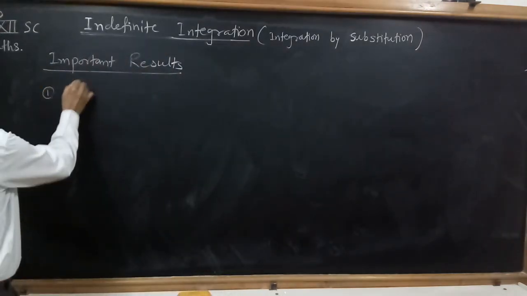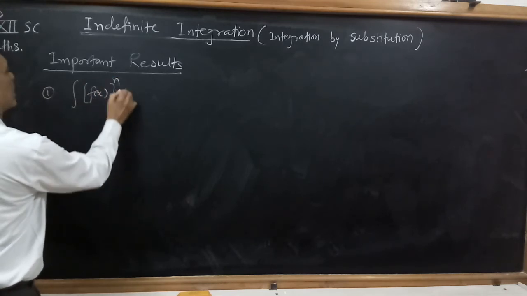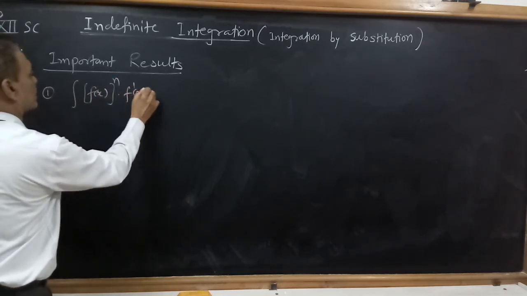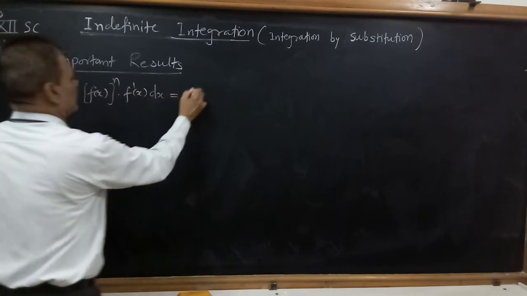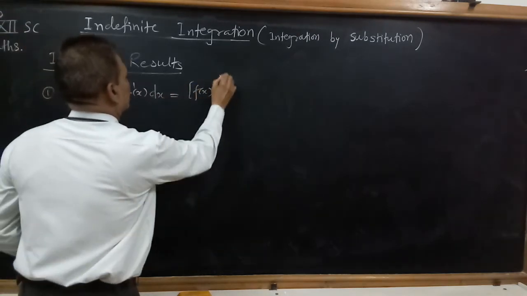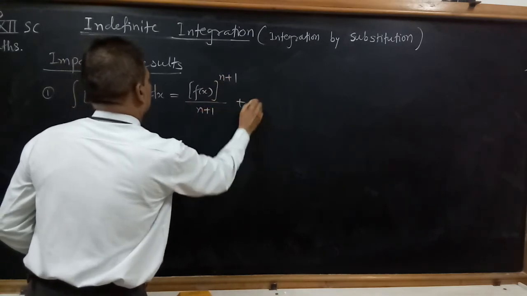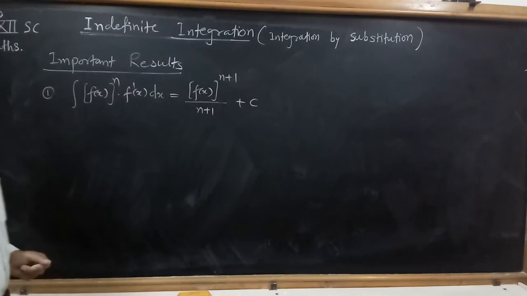Number one, integration of f of x raised to n into f dash x dx is nothing but f of x raised to n plus 1 divided by n plus 1 plus some constant of integration.